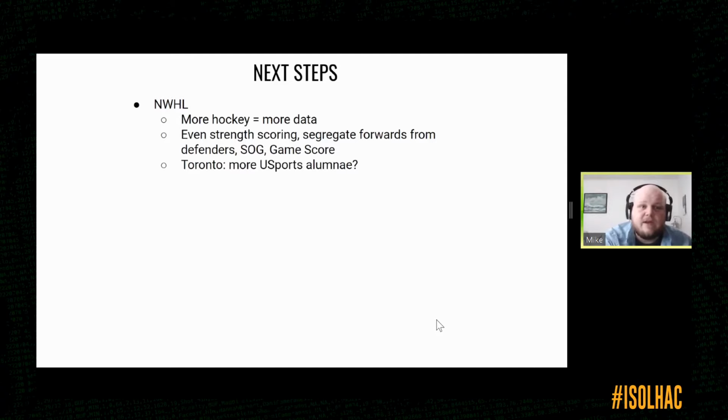Another encouraging thing, although we haven't seen it play out yet in NWHL free agency, is the Toronto expansion might mean we get more U Sports alumni, which would hopefully expand that sample size of 9 to something a little more significant, some numbers we can work with. There's also a lot of work to be done with the NCAA data, especially Division III and U Sports, which as far as I'm aware, the data that's publicly available isn't very robust.